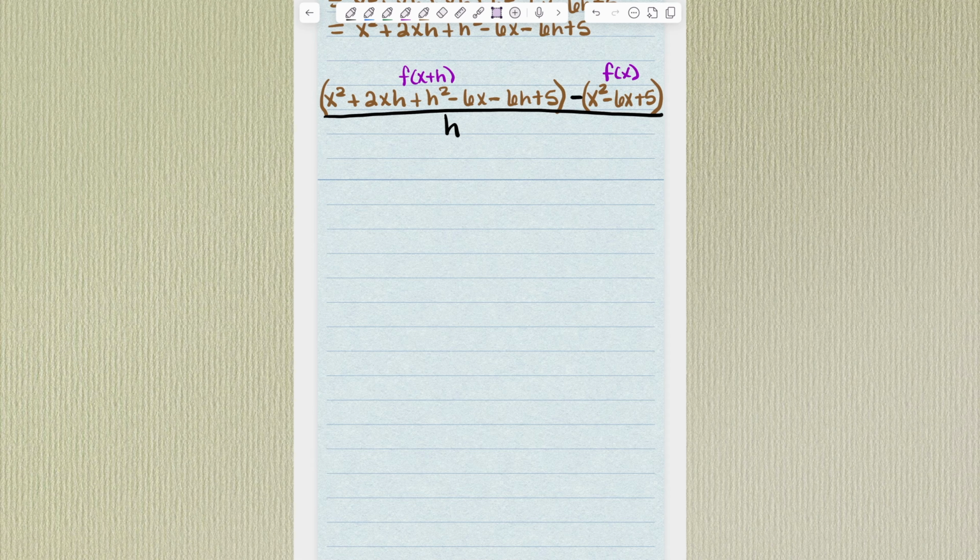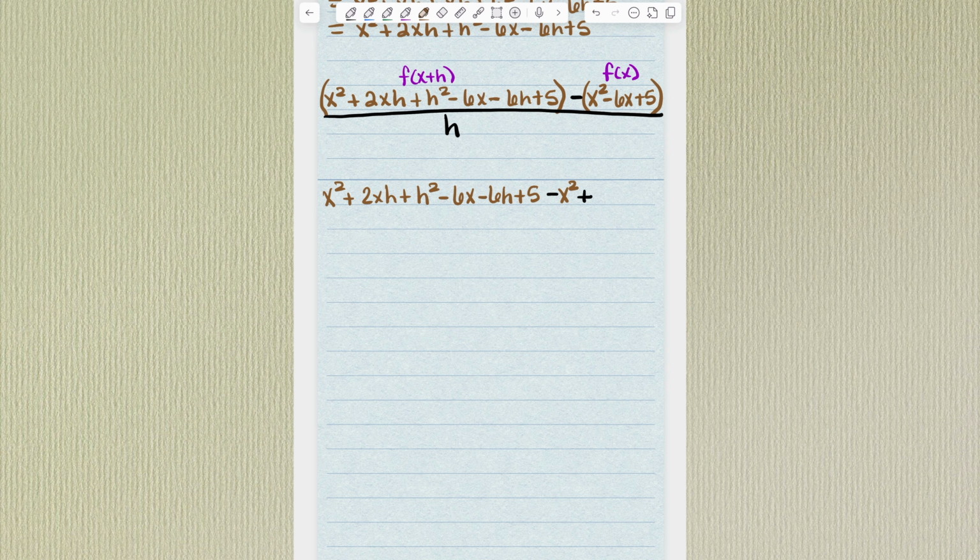Okay, let's keep going. This minus right here needs to be distributed to everybody, okay? It's this minus all of this. And so this needs the minus, that needs the minus, and that needs the minus. So let's rewrite everything. x squared plus 2xh plus h squared minus 6x minus 6h plus 5 minus x squared, right?